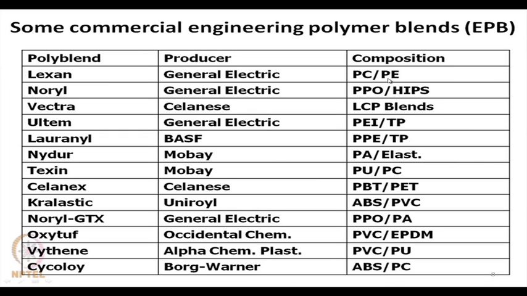You see, it is fantastic. Polycarbonate is a polar polymer, it is an engineering polymer. Polyethylene is a non-polar polymer, a hydrocarbon polymer. Now, the purpose behind the blending of these two polymers is that the polarity of polycarbonate is altered by the presence of polyethylene, or the hydrocarbon, non-polar nature is altered by the presence of polycarbonate.